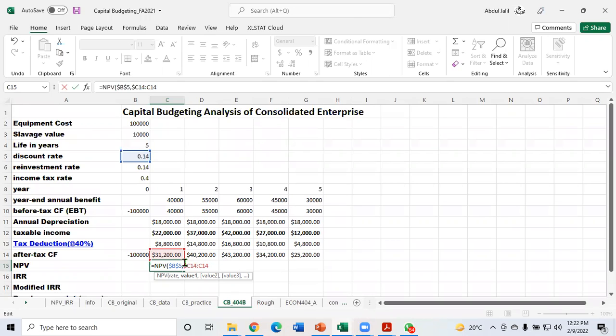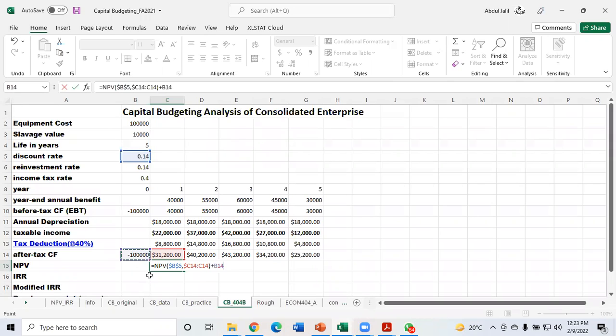What it will do is fix this cell and then allow the other cell to change. So I'm just going to show you how it happens. The only thing is that you have to take care of this: dollar sign with this cell first, then colon, and then again this cell because you are here.